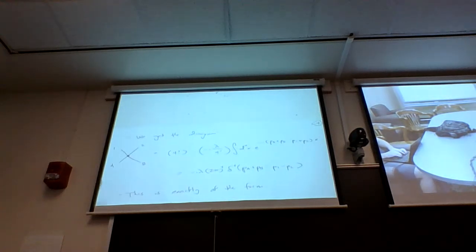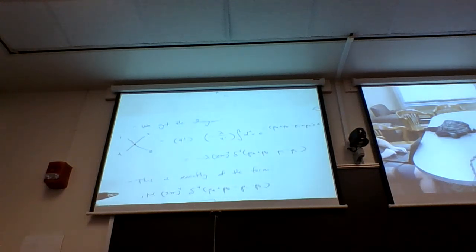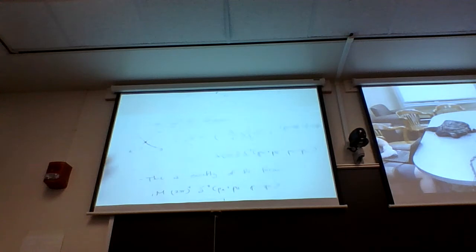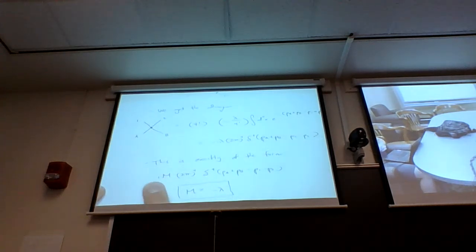Okay, and so what we see is that we've got our first, bona fide contribution to the scattering amplitude. So we can write down the leading order contribution to our matrix element, because this thing is of the form that we're looking for.